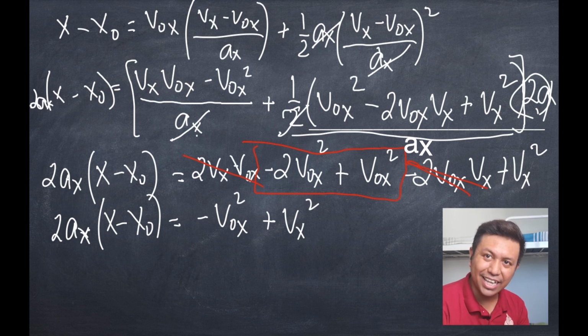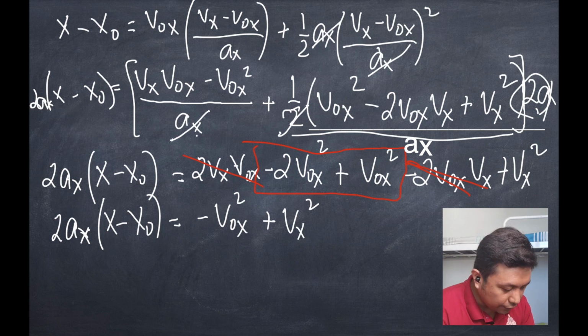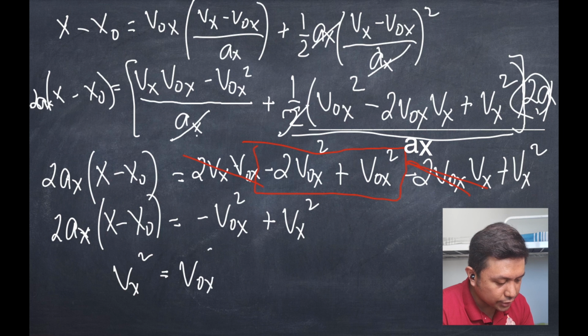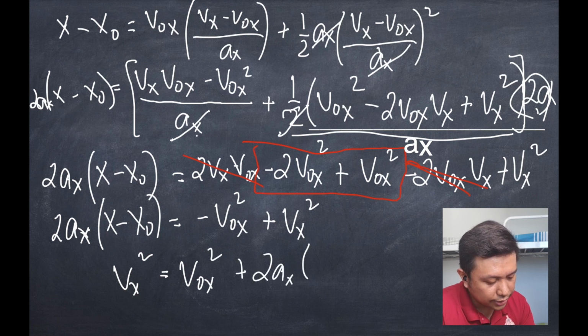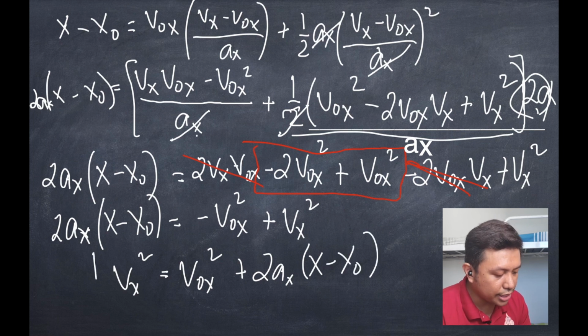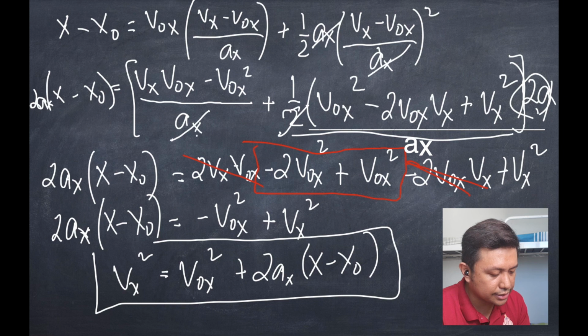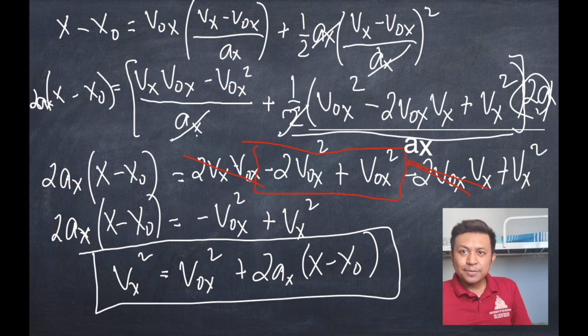Okay? So simplifying this equation now, we are getting vx squared is equal to v naught of x squared plus 2a sub x times x minus x naught. Now, this is our third equation for the kinematics. The math is a bit tiring because there are so many terms and it's tricky, but you can do the math.